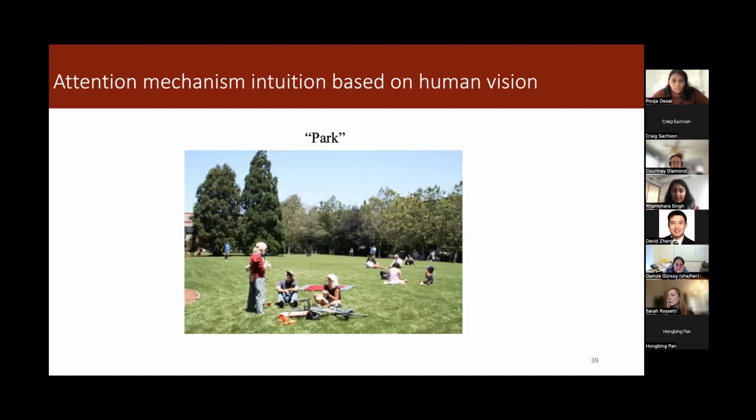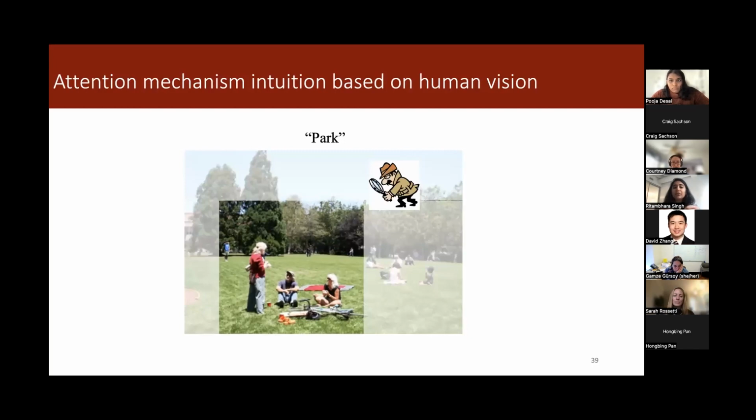But in order to say that, you are not looking at each individual pixel of the image, but actually just focusing on the most relevant parts that give you the most information about what is happening in the image. And so this is what human attention is. And the idea is, can we use some sort of function or mechanism to allow our deep neural network model to also focus on just the most relevant parts of the input instead of looking at everything.